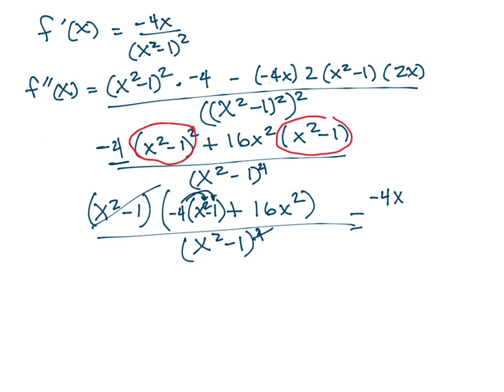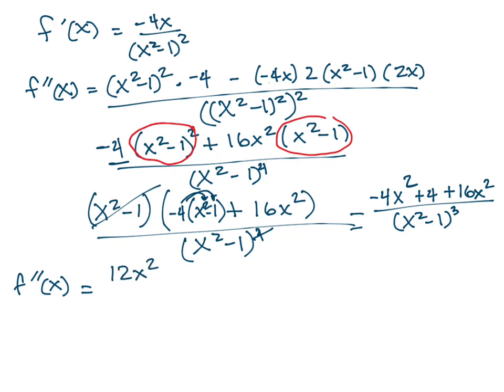Negative 4x squared plus 4 plus 16x squared, all over x squared minus 1 cubed. I got 12x squared plus 4 over x squared minus 1 cubed. I think that's my second derivative.